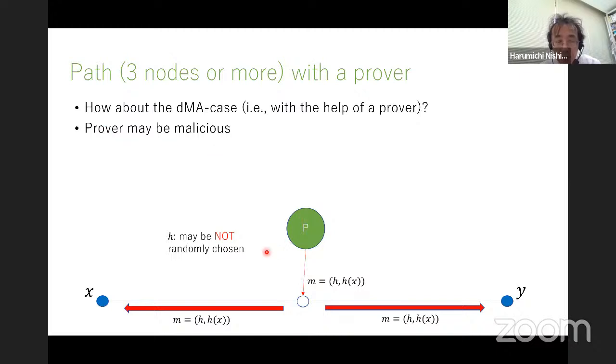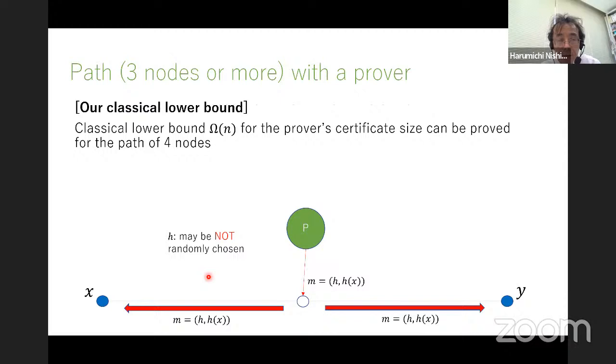For example, the hash function may not be randomly chosen. Our classical lower bound is a simple combinatorial argument. The prover certificate size must be linear in n, even when the path length is 3, so the four-node case.